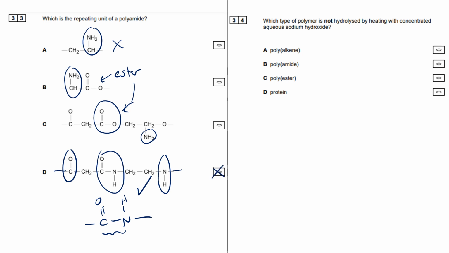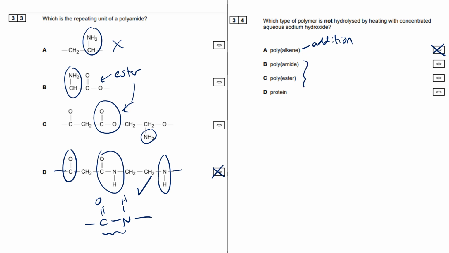Question 34, still on polymers. Which type of polymer is not hydrolyzed by heating with aqueous sodium hydroxide? So polyalkenes are addition polymers. They are non-polar. They are not broken down by acid or alkali. They're non-biodegradable. So A is the correct answer.